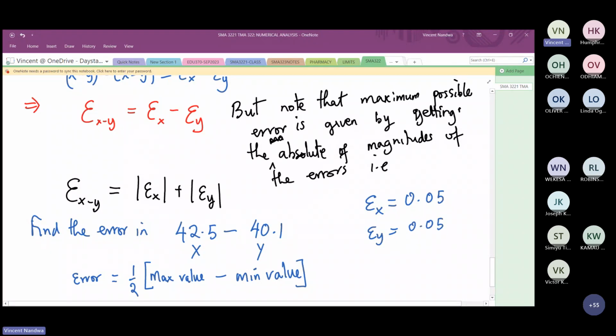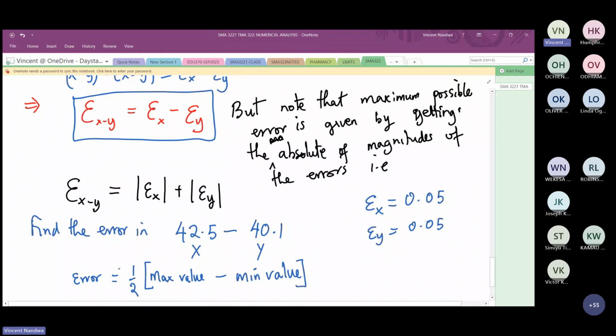So if you say that by definition the error in the difference X minus Y, if you are to apply it blindly from what we have done here, without factoring in the absolute of the magnitudes of errors, you are going to say that the error is 0, which is not the case. So error in 42.5 minus 40.1 is not going to be 0.